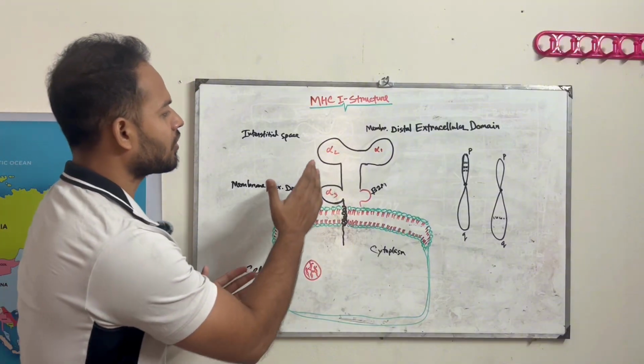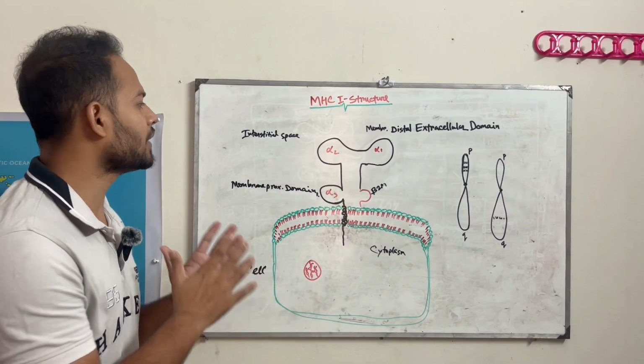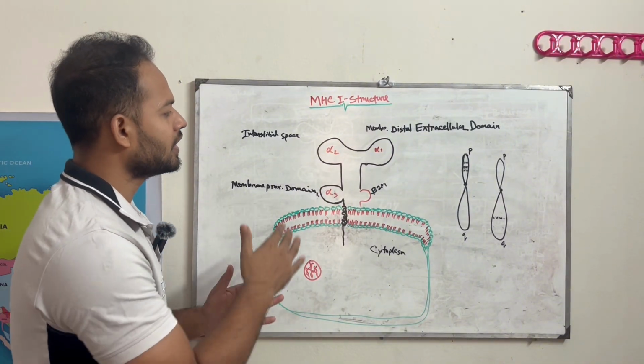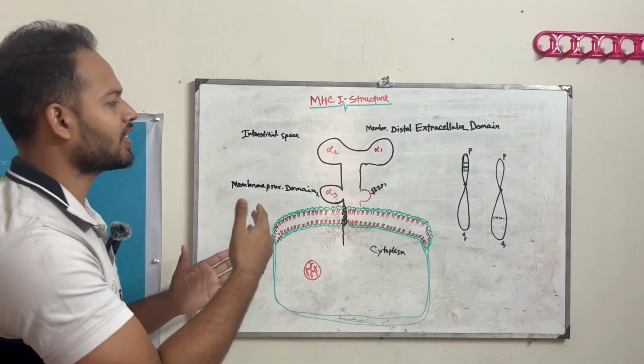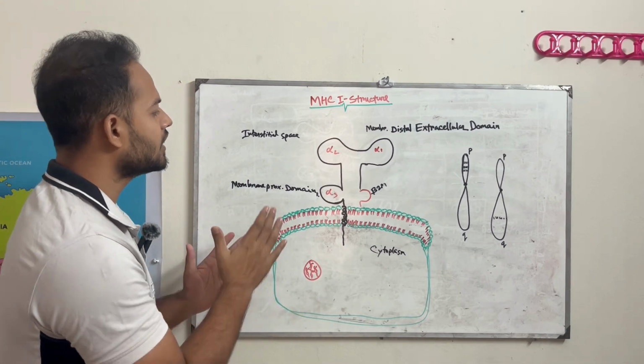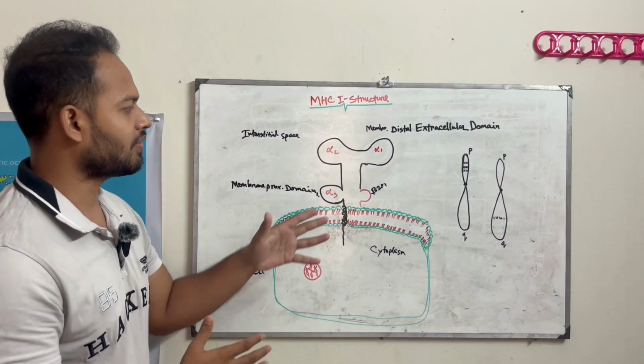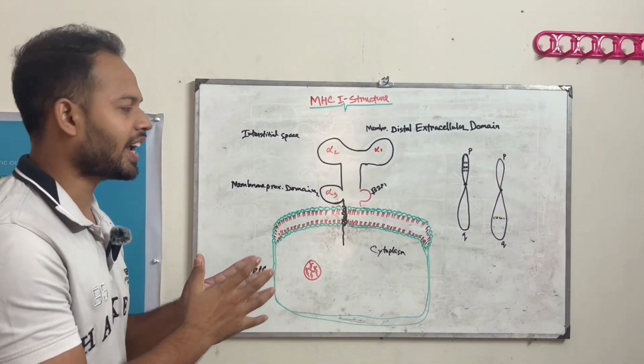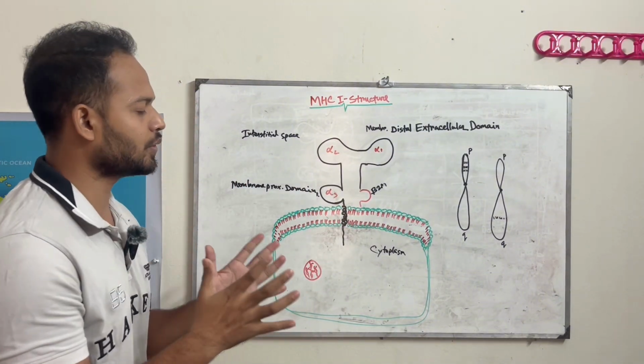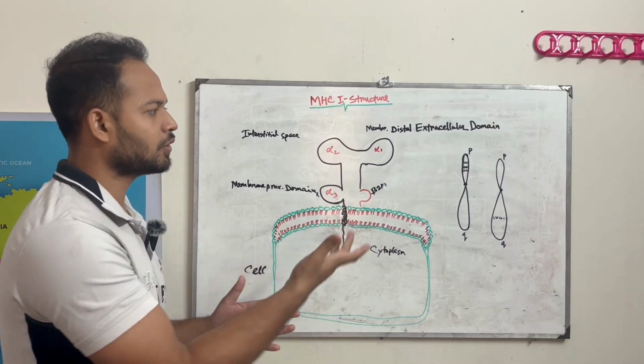MHC class 1 molecules are mainly heterodimers, meaning one part came from one gene and another part came from another gene. This part mainly contains the alpha 1, alpha 2 and alpha 3 domains of the alpha chain, and there is an associated molecule known as beta 2 microglobulin.